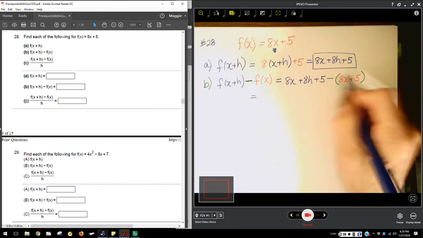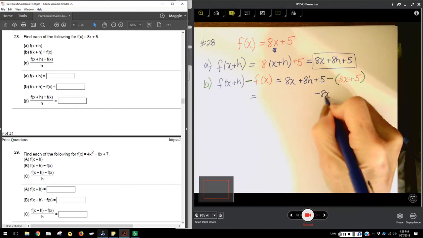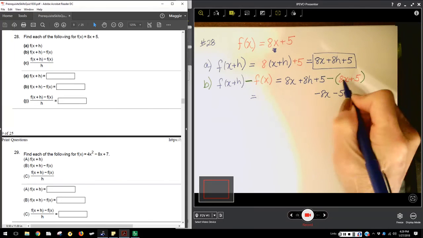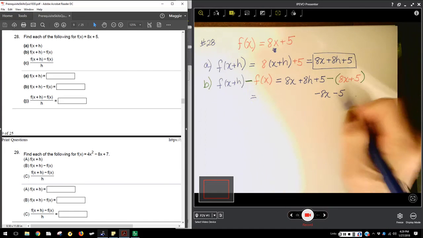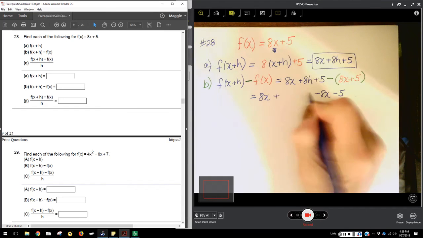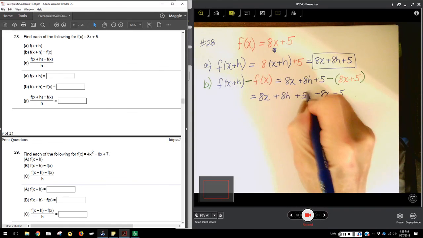So if I remove these parentheses, minus 8x minus 5, I'm going to add that to 8x plus 8h plus 5.